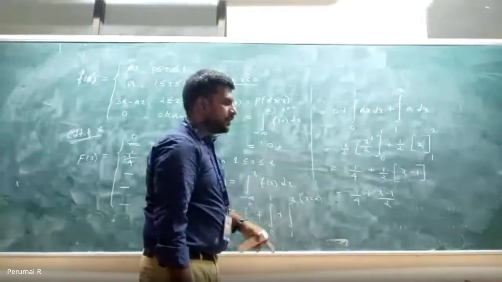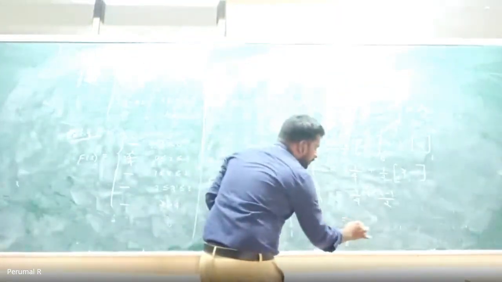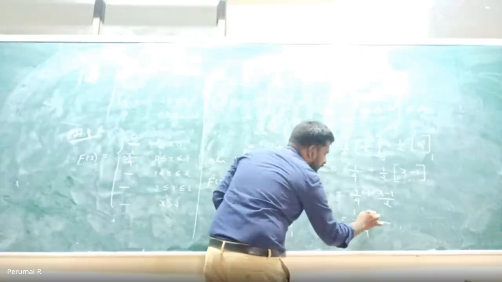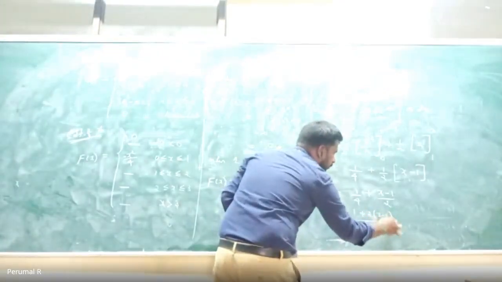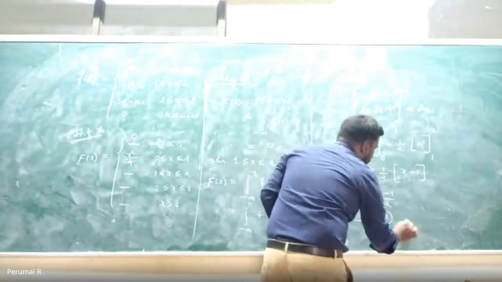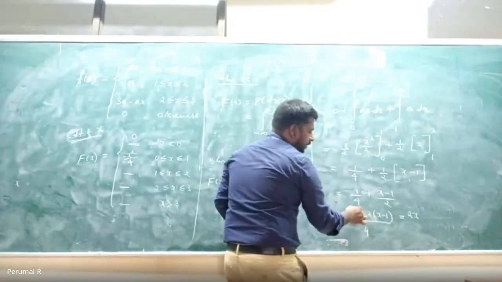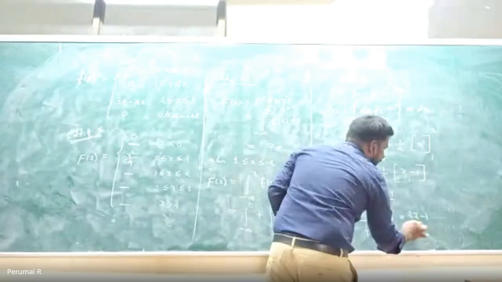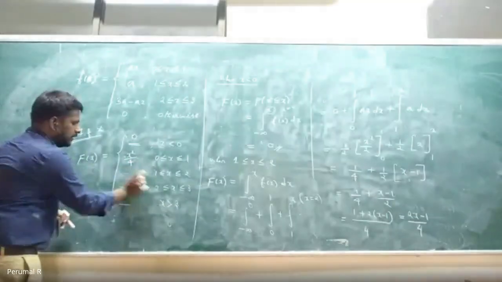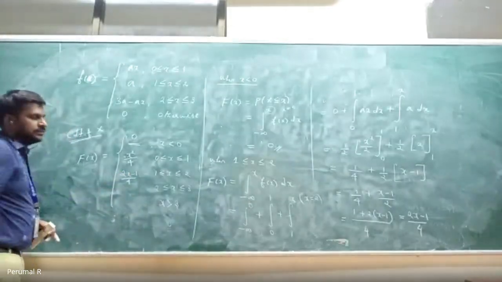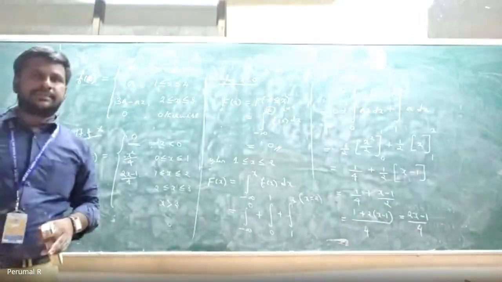This is your second case. Simplifying, take LCM 4: 1 plus 2 into x minus 1, which after simplification gives 2x minus 2. Therefore in this interval it is 2x minus 1 by 4. So clear?